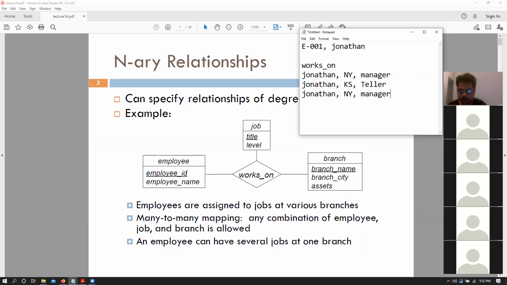So what about this thing? Can Jonathan work as like a sales guy and a manager? So we say that Jonathan can work in New York as a manager. Jonathan can work in Kansas as a teller. Can we say that Jonathan can work in New York as a sales guy in this particular diagram?